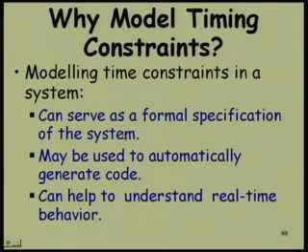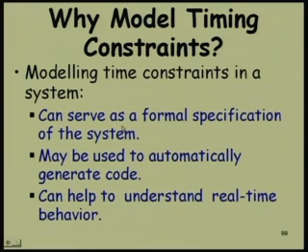There are many reasons why we might need to model a time constraint. First of all, when we model a time constraint, we are expressing it more formally than just a few sentences appearing as a loose English sentence. We are constructing a model of it which is more precise, right. So, this can be a formal model of a constraint. We can use such a formal specification to verify a system, and also we can use such a model to automatically generate code.